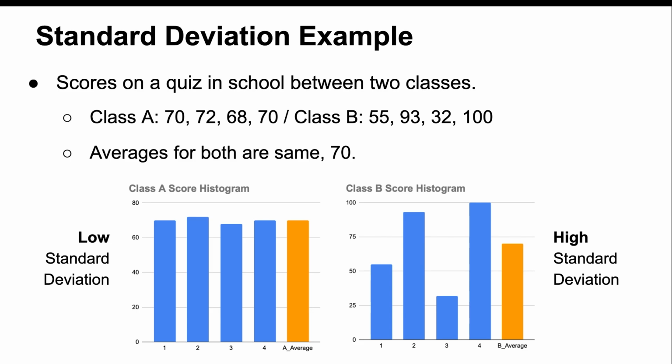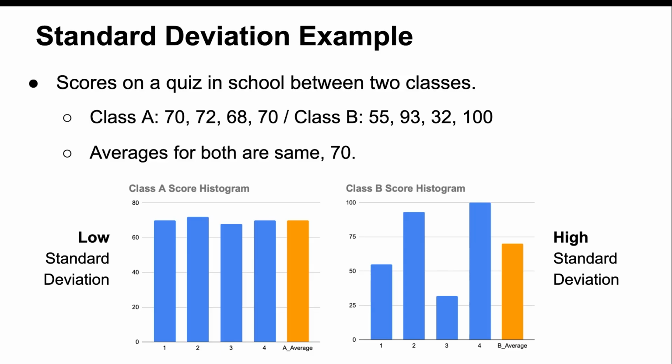But on the other hand, Class B's scores are 55, 93, 32, and 100. So the mean is the same for both, 70, but Class B scores are widely spread from the mean. It means standard deviation is high.